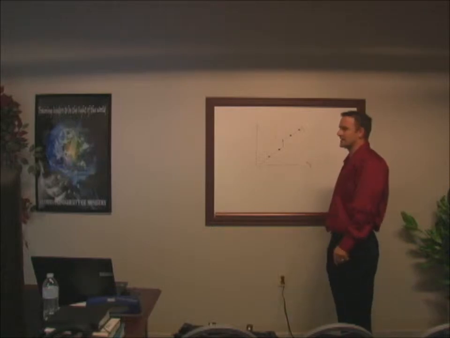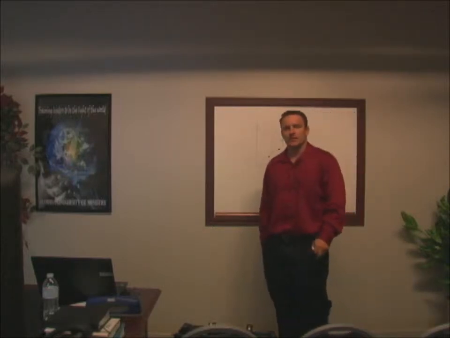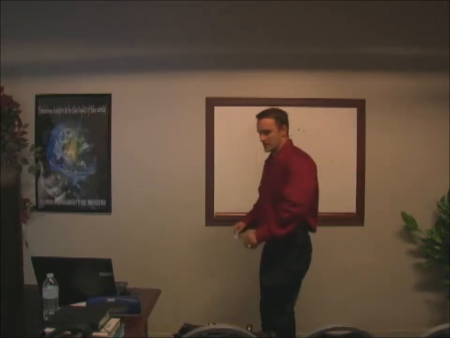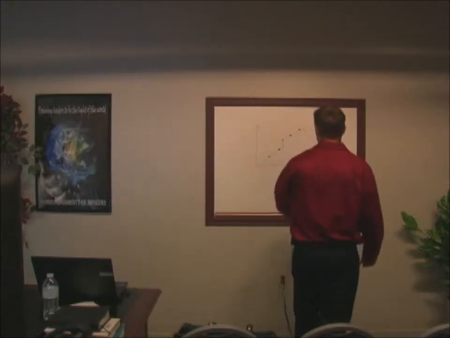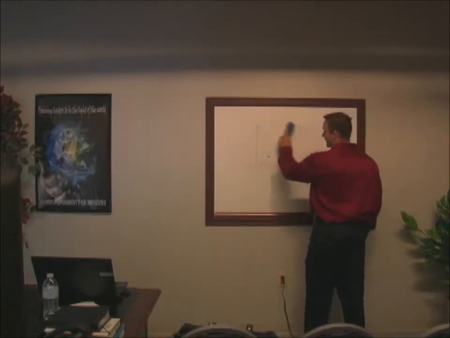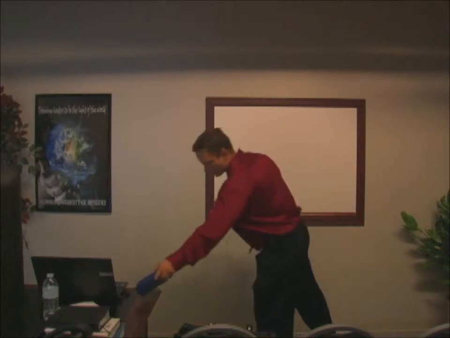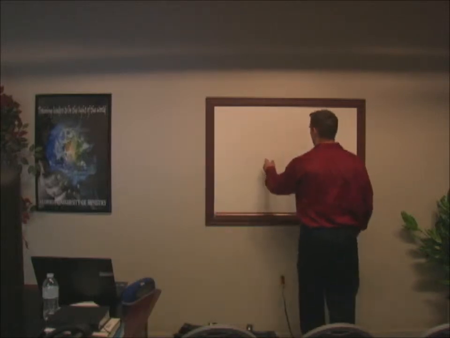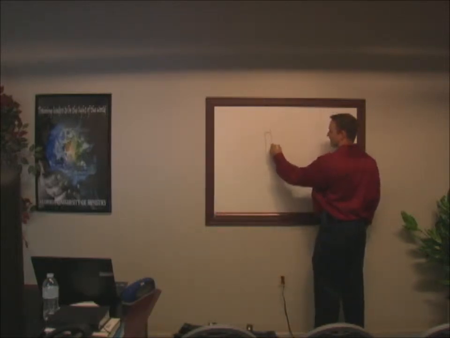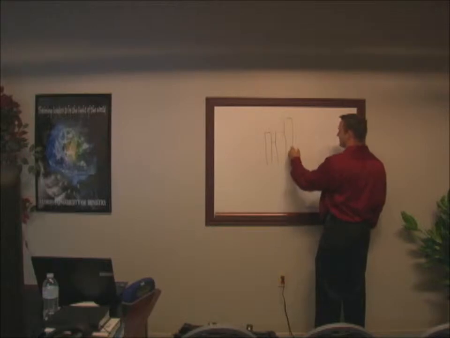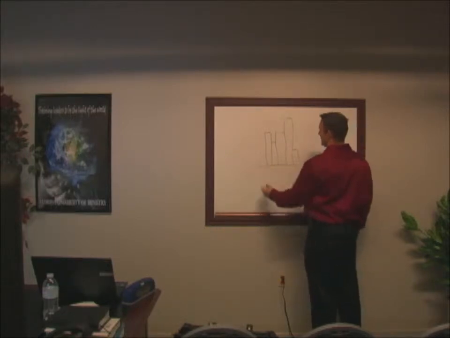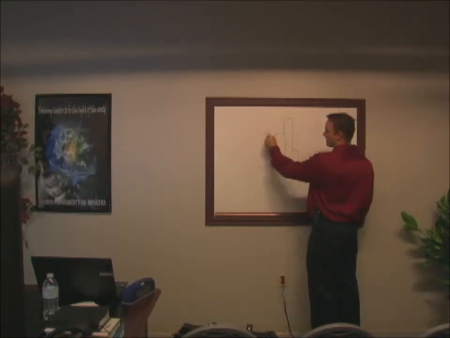When we say data set, let me give you an example. We'll draw a bar graph. Remember these? Each one represents a different year, let's say, and they may be different colors.